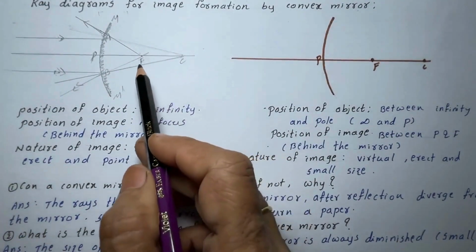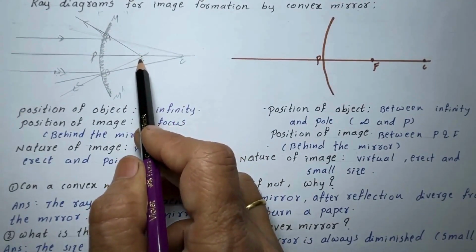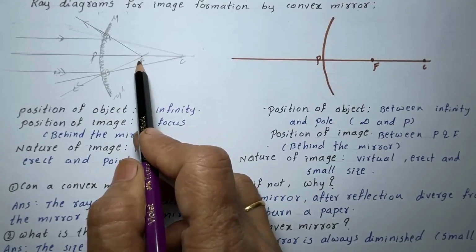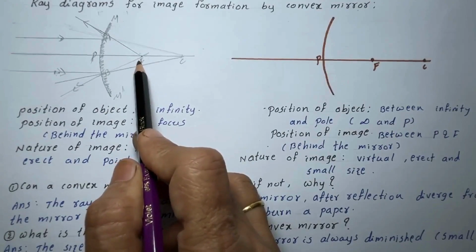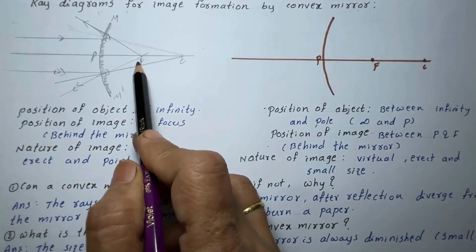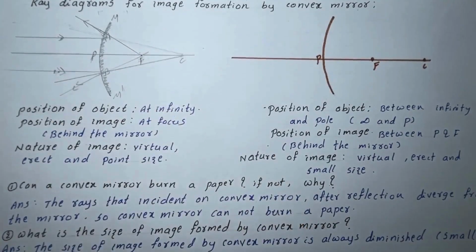So the image will form on the principal axis at F, but this image is not formed because the rays actually meet at that point. This image has formed because of the extended rays of the reflected rays. Such an image is called a virtual image.